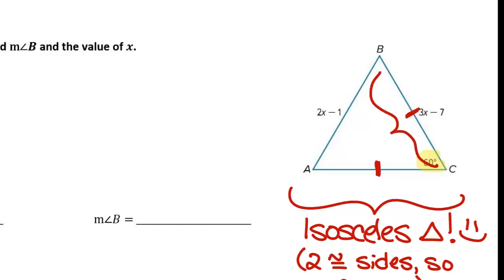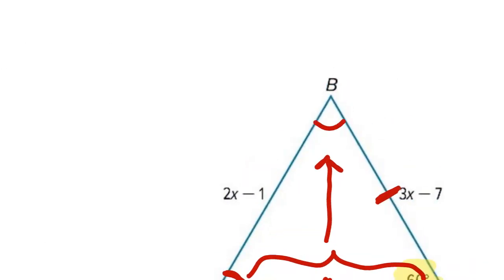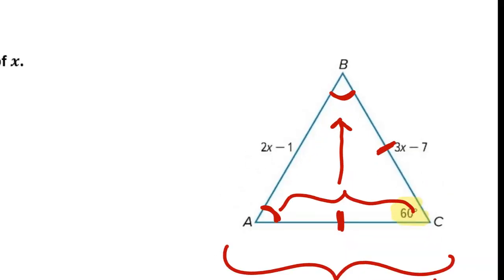So opposite this side would be this angle right here at A. Opposite this side right here is this angle at B. So those are my two congruent angles. I don't know how big they are, but I can use the same variable for both of them. I can't use x though. Why can't I use x?